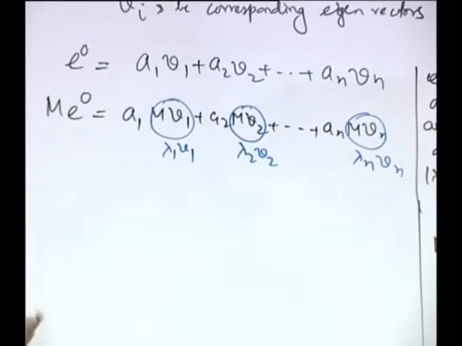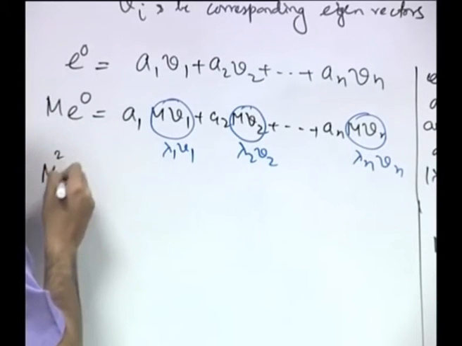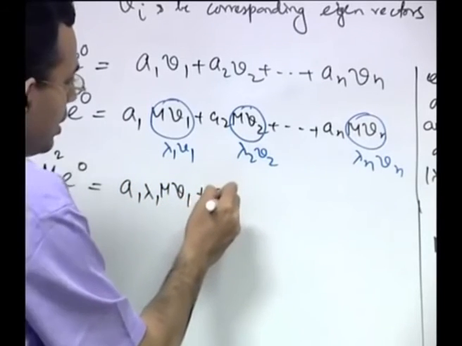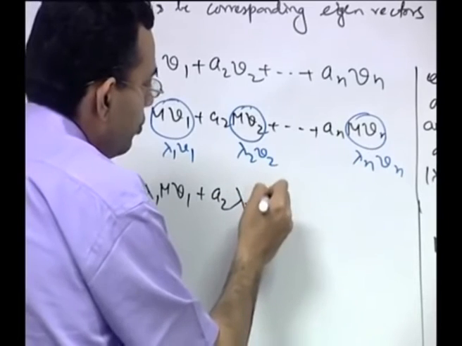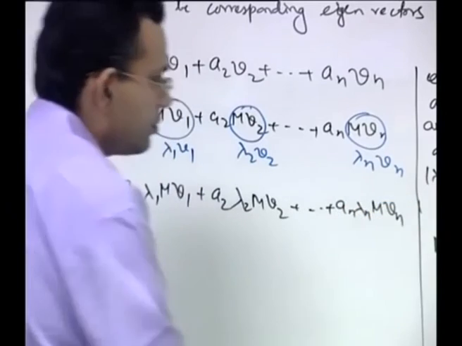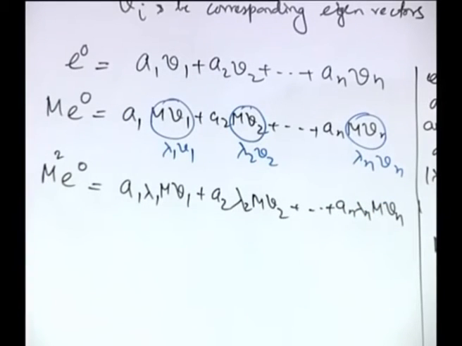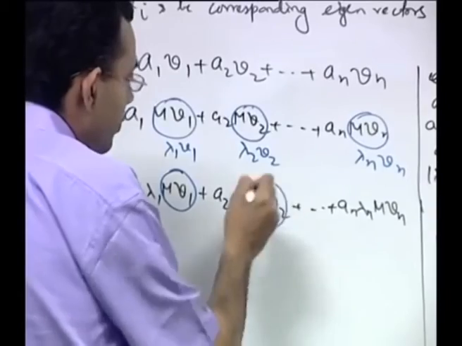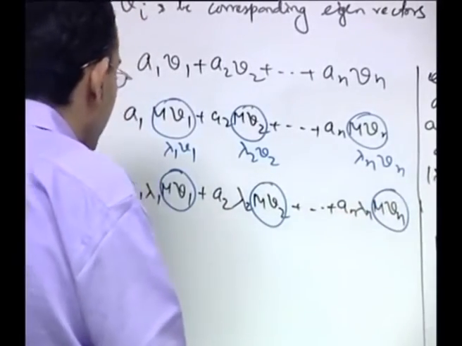The next step, that into M, so M square E0 is equal to A1 lambda 1 M V1 plus A2 lambda 2 M V2, in this way, An lambda n M Vn. Again in place of M V1 we can write lambda 1 V1, in place of M V2 lambda 2 V2, M Vn lambda n Vn.